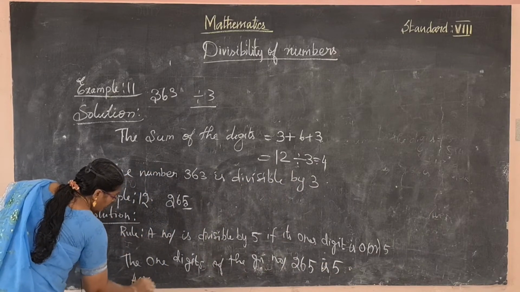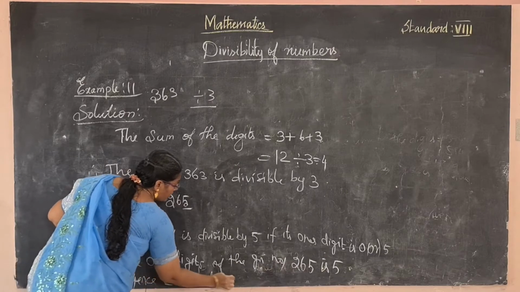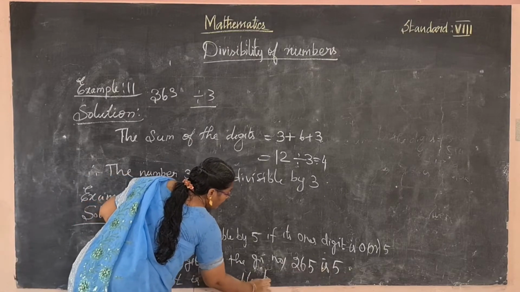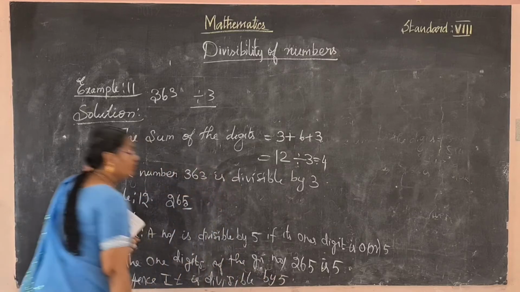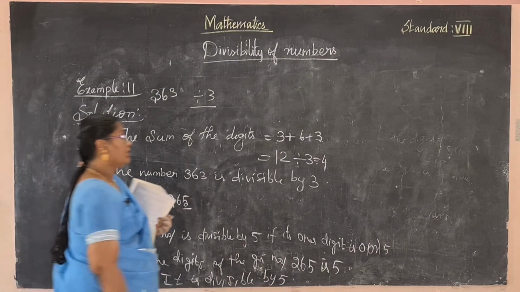Hence, it is divisible by 5. It is divisible by 5. And next one of the example.